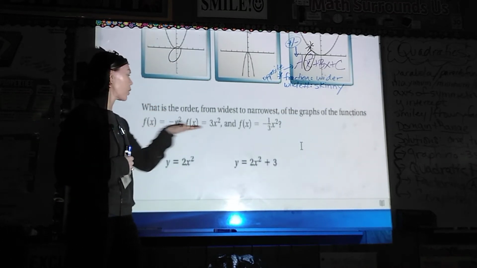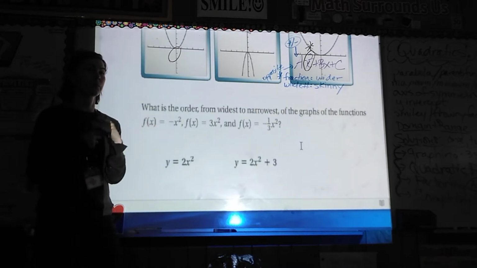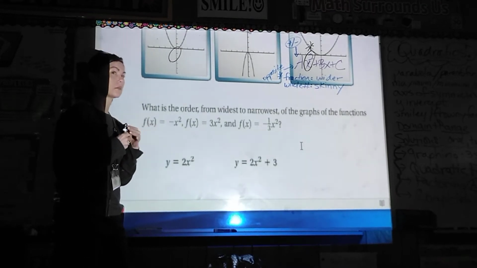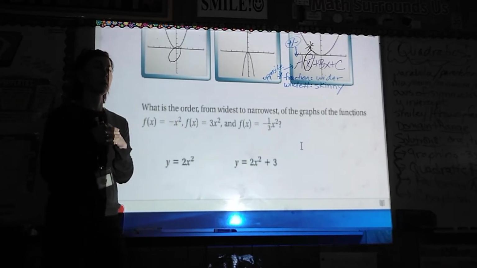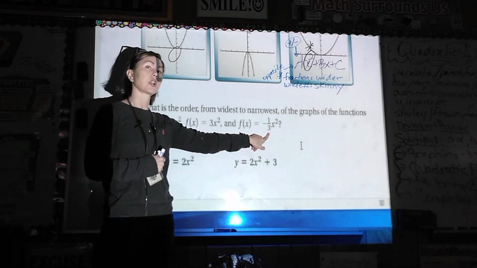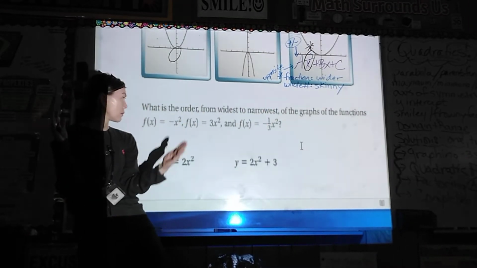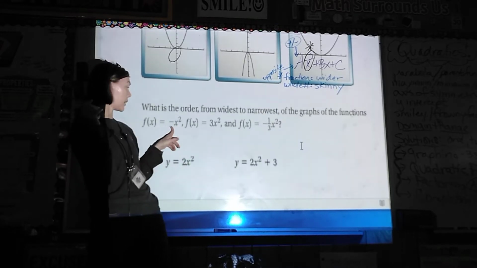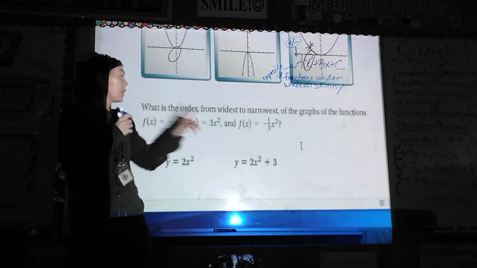So which one of these three up here would be the widest? Angela? Which one of these would be the widest? Yes, negative 1/3. Then what would be the next narrowest? Yes, Keith, negative x.